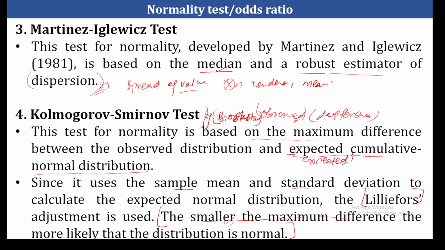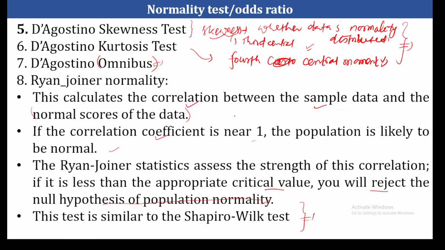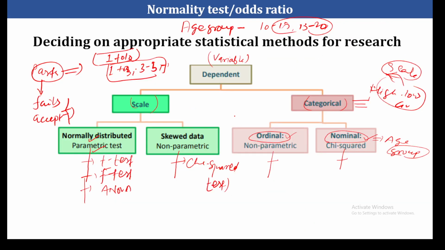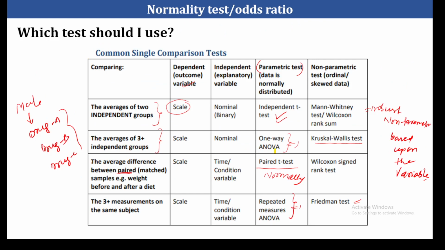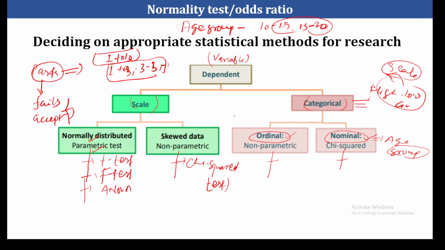Actually, this is the best for biological applications or biostatistics problems. Then we have other types of tests like the Ryan-Joiner test, the D'Agostino-Pearson test, and skewness tests. Okay. There are some things that I have already kept on when we have to apply which test. You can go through that.